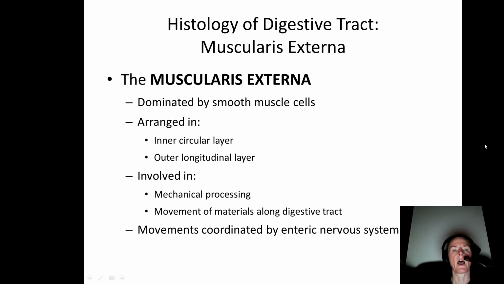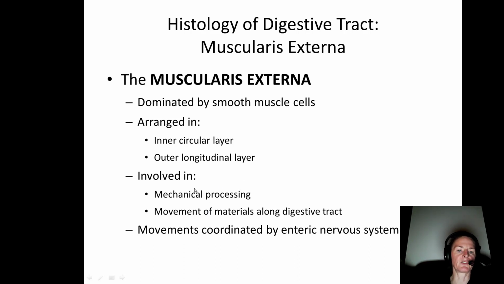This is going to not only move stuff along the digestive tract, but it's going to be involved in mechanical processing as well. Sometimes we're going to have churning back and forth along segments of the digestive tract that acts like a mixing bowl or putting stuff in a mixer, and then it'll all be kind of mushed together back and forth in different segments of the digestive tract so that we can basically mix the contents of the bolus with more enzymes, and we can sort of help the digestive process along by mixing enzymes with the contents of the bolus.